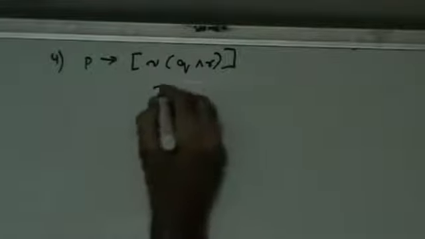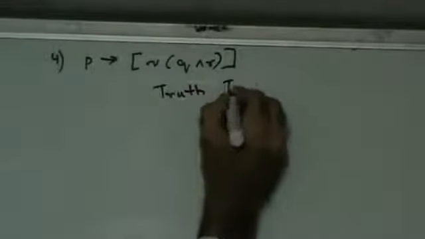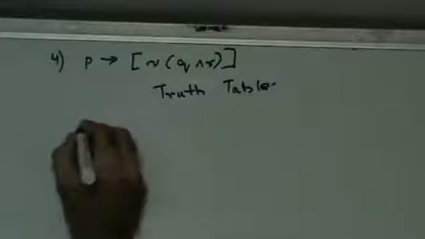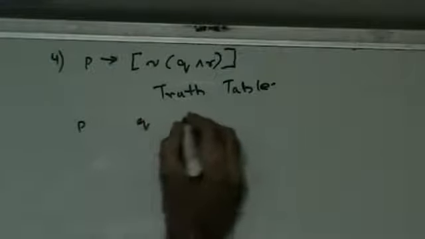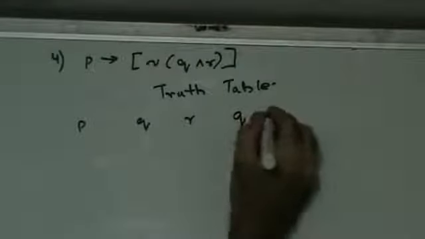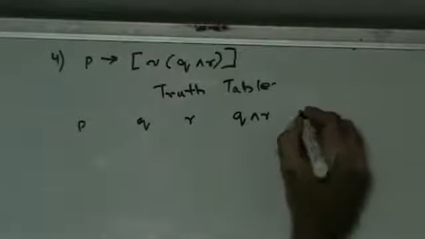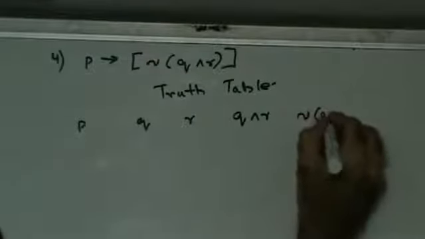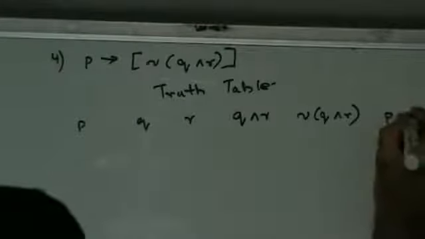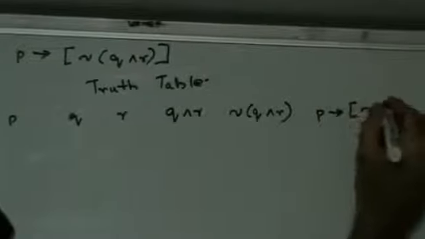It has got P, Q and R. Truth table. There are going to be three variables, P, Q and R. I want Q and R. You need not function of that, not of Q and R. Then you need P implication not of Q and R.